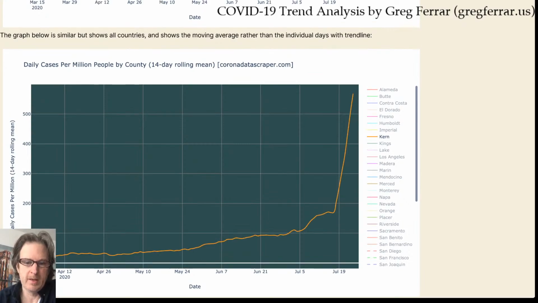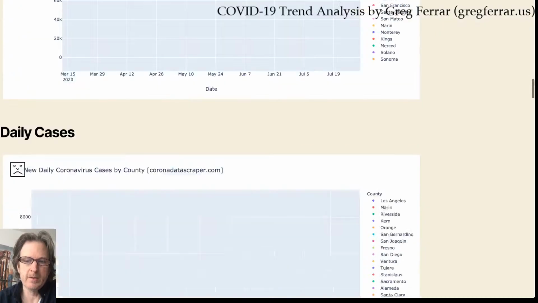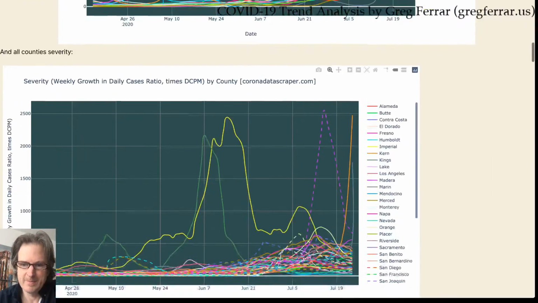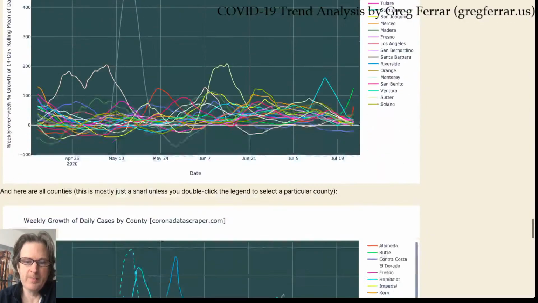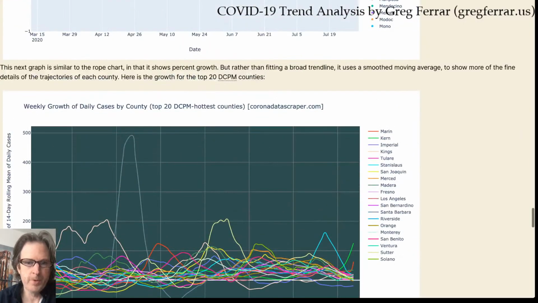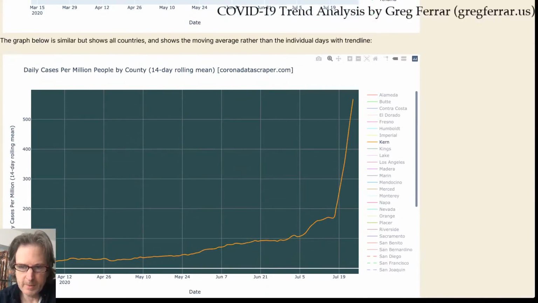If we look at, actually while we're there, let's go back there and look at the other one. What was it? Kern and Marin. If we look at the cases in Marin, nope. I need to use my table of contents, I guess.